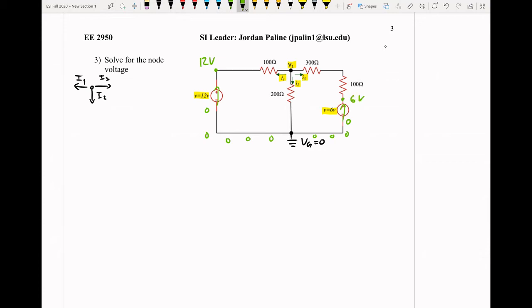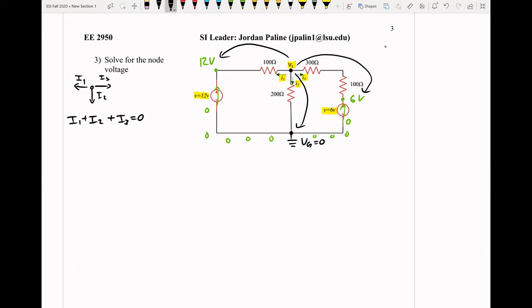Now our currents are going to be, if we write our equation out, I1 plus I2 plus I3 is equal to 0. What we're going to do is just analyze from here to there, from here to there, and from here to there. So we're going to the points where we know we have voltage.